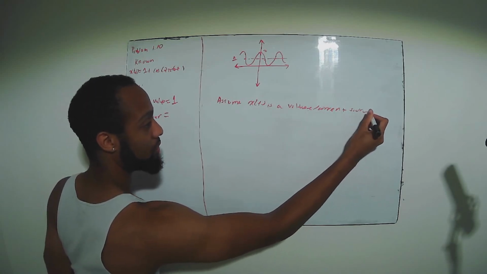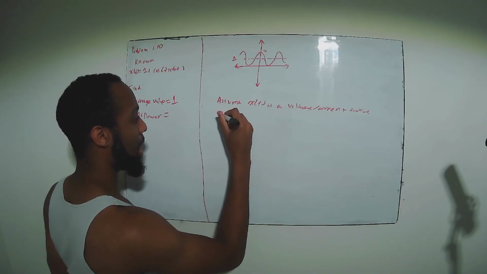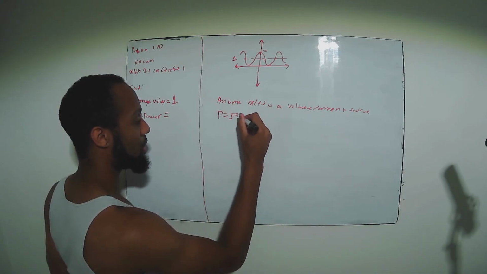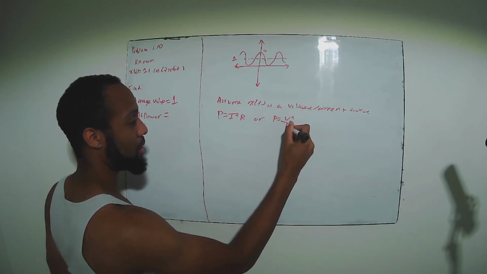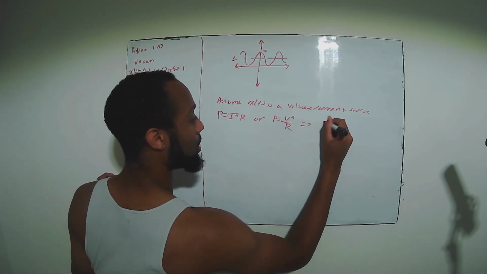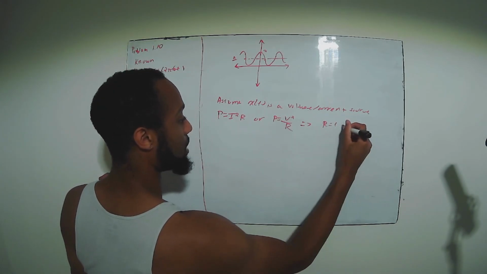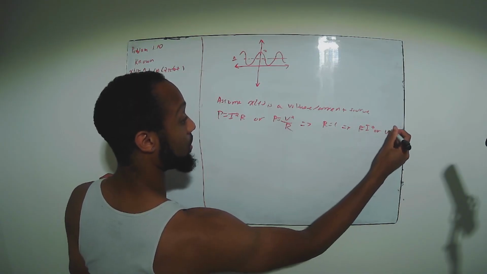And so what we did is we found the average value in that voltage or current source. Now we'll find the power. So power is usually I squared times R, or power can be V squared divided by R. Well, here we're normalizing it, so this R becomes 1. So then P can be either I squared or V squared.